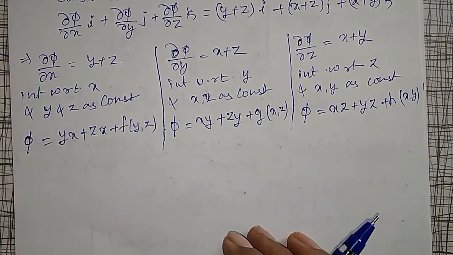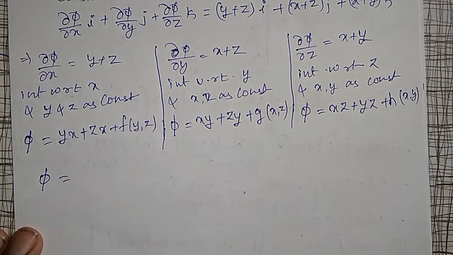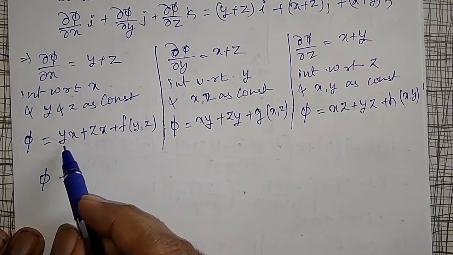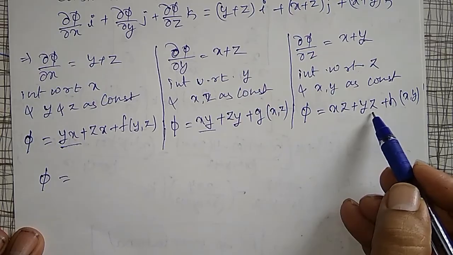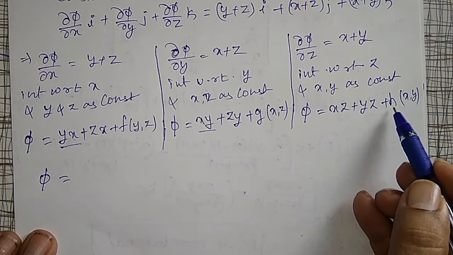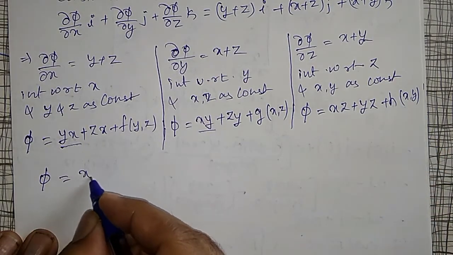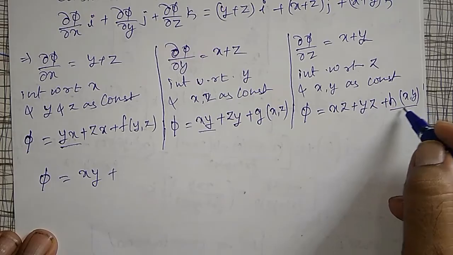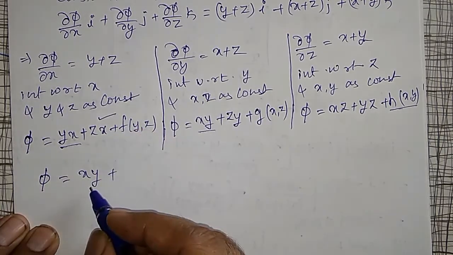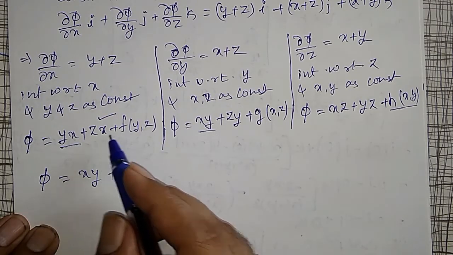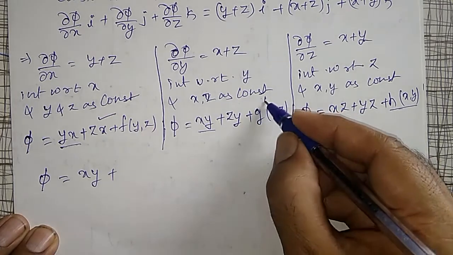Therefore, comparing one by one and taking the common terms first, xy is here, here also xy is there, but the xy term is missing in the third, but it will be present in h of x, y, a function of x and y only. Therefore xy is present in all three now. Like that, xz is present in the first, not present in the second, but it is present in the form of g of x, z.